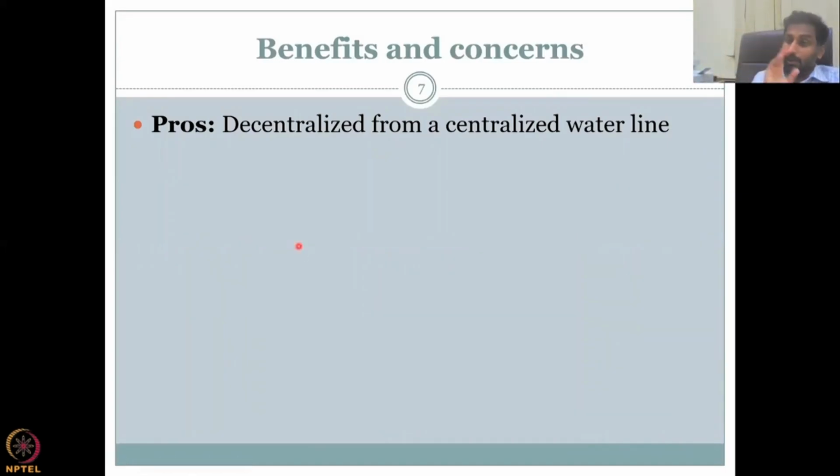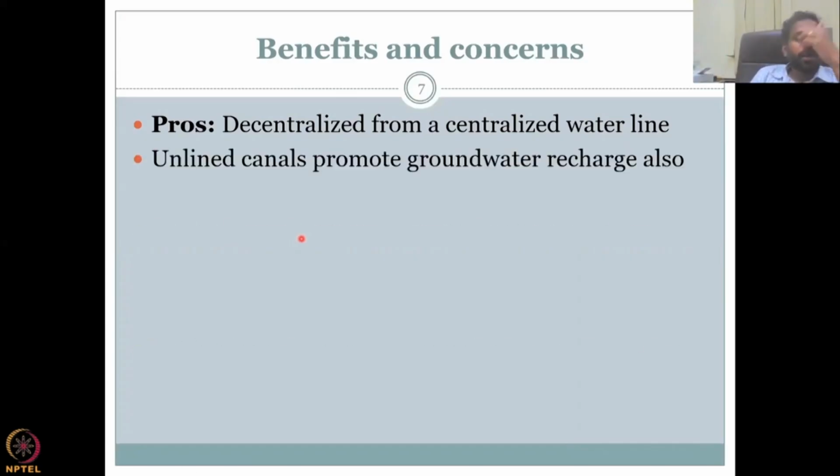So this is very, very good and helpful for taking water from one source and then distributing it among other resources. Unlined canals promote groundwater recharge also. So these ditches and furrows, since they're unlined, no cement on the sides and the bottom, it can also recharge. So it is very important to have that aspect also for groundwater recharge.